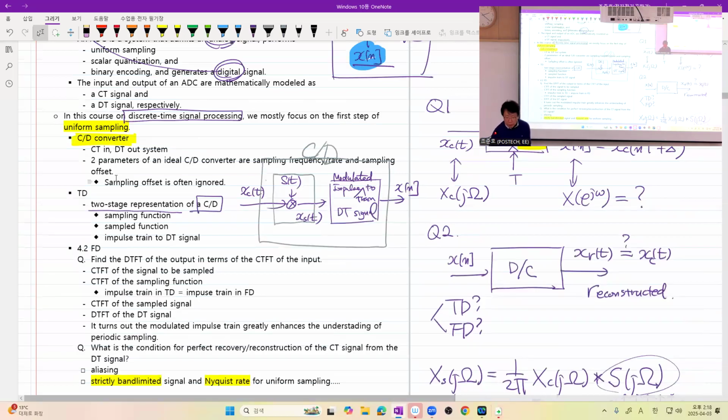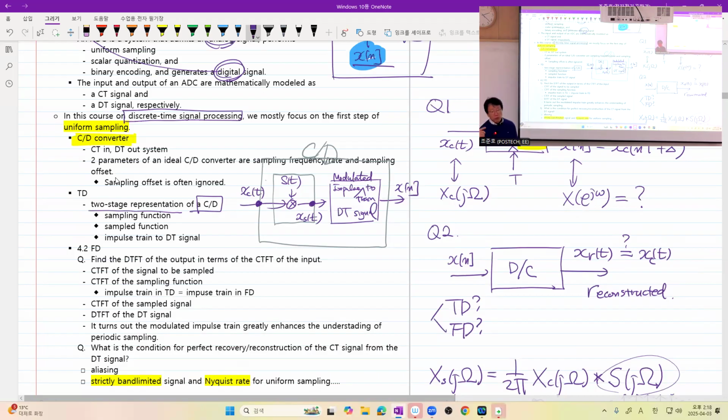We have found the relation between the CTFT of this input signal and the CTFT of this continuous time signal. In the last class meeting, we didn't cover how to obtain the DTFT of the output of the C2D converter from that one. Not yet. So we are going to cover that today.